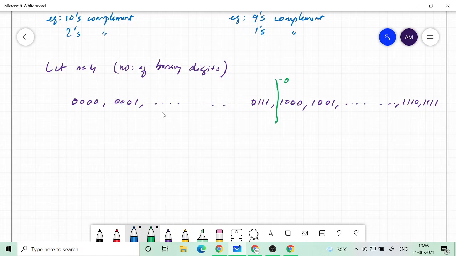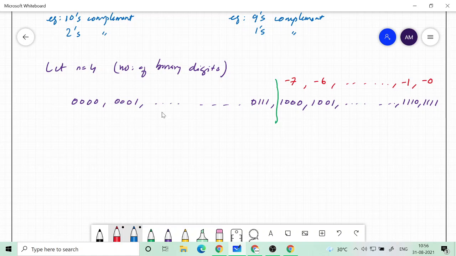So this will be denoting minus 7. Let me write for simplicity in binary number, and then minus 6, etc. And this will be minus 1, minus 0. Okay, so same idea. We have all these binary numbers, but then we are mapping half of them to negative numbers, and the way we are mapping is just like we did it in the case of 9's complement.